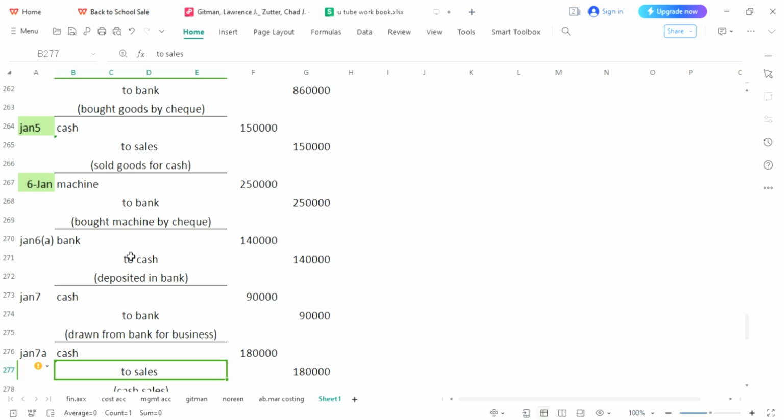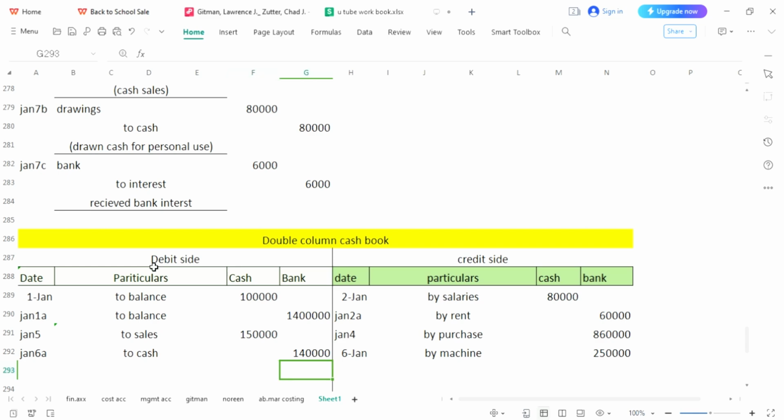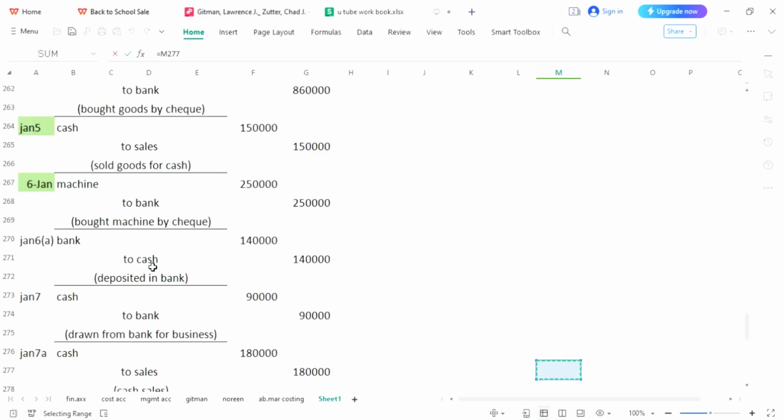So this contra entry obviously will have double effects. We have already written bank on debit side. Cash is also present in this entry, so we will go to the credit side. It is January 6A, and cash is credited in January 6A.